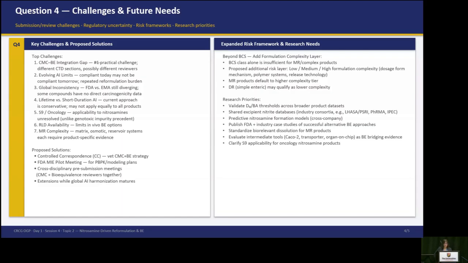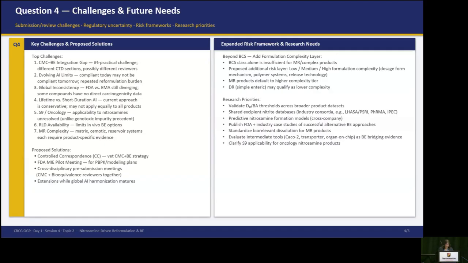we want to develop a guidance beyond the BCS classification. People are thinking that the BCS classification is too strict, and we want to add the formulation complexity layer beyond the BCS classifications.